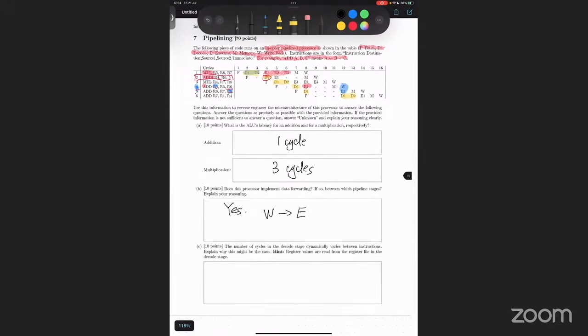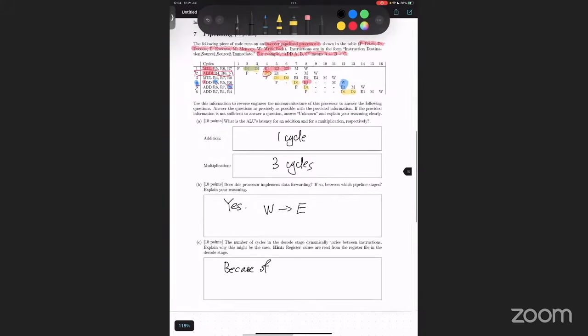So we say that the reason for the variable latency in the decode stage is the need to read up to 2 operands from the register file.